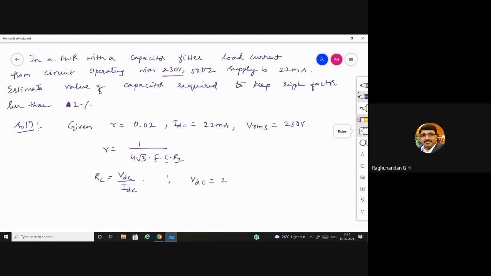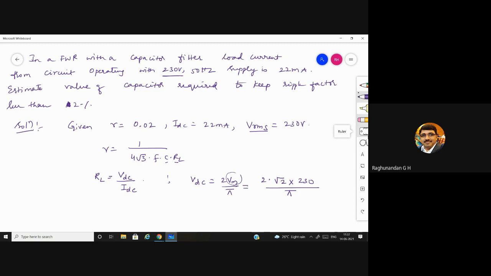VDC is equal to 2 Vm by pi. Again, we don't know what Vm is, because this is in terms of VRMS. What is the formula for VRMS voltage? Vm by root 2. So here you substitute it, 2 into root 2 into 230 by pi.